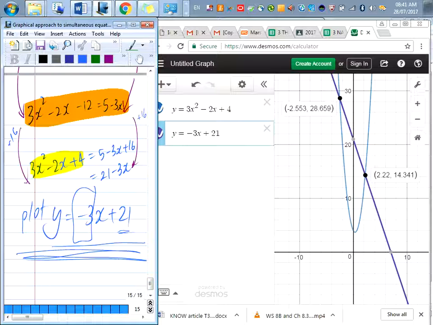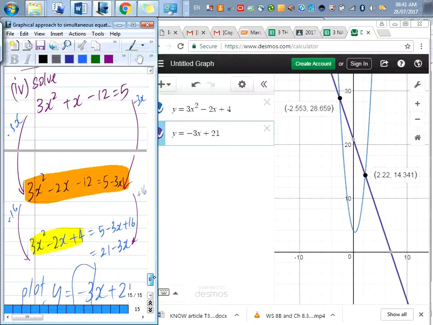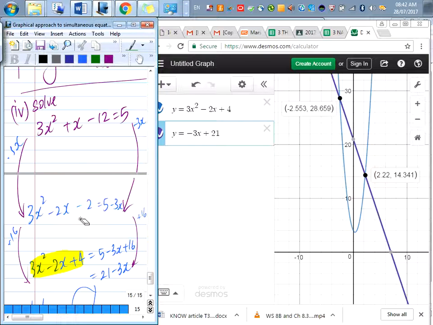Try, hurry up. 3x squared minus 2x minus 12 equals to 5 minus 3x. No, sorry, not this one. The original equation is this one. 3x squared plus x minus 12 equals to 5.